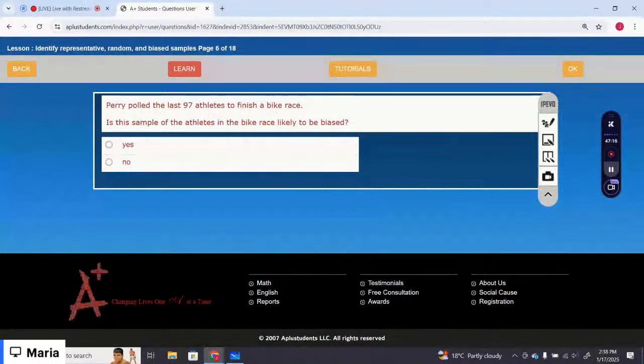Terry polled the last 97 athletes to finish a bike race. Is the sample of athletes in a bike race likely to be biased?